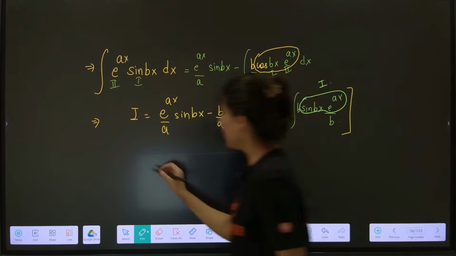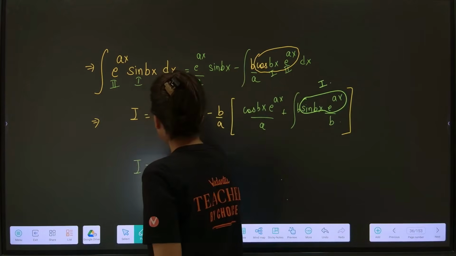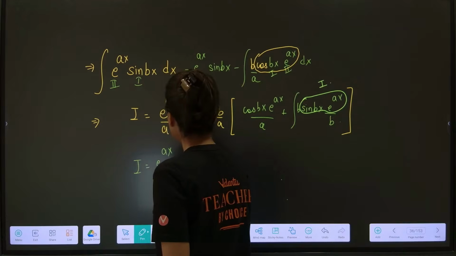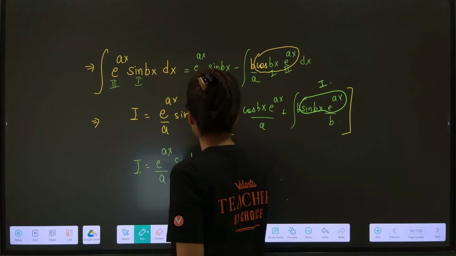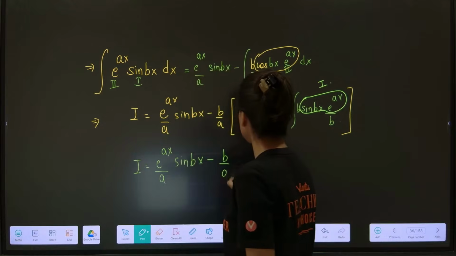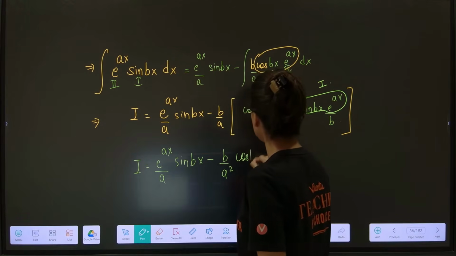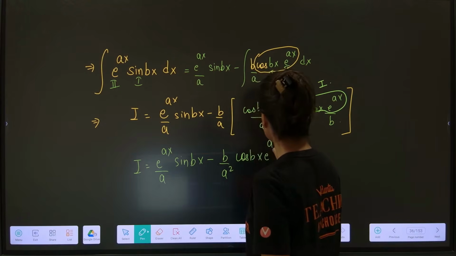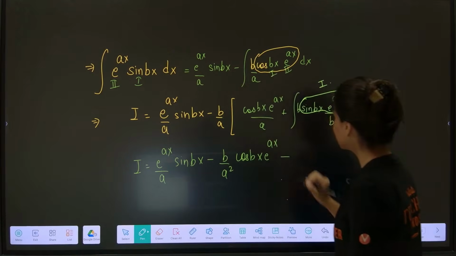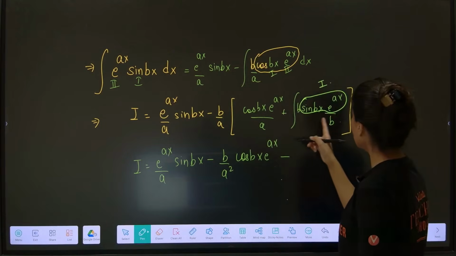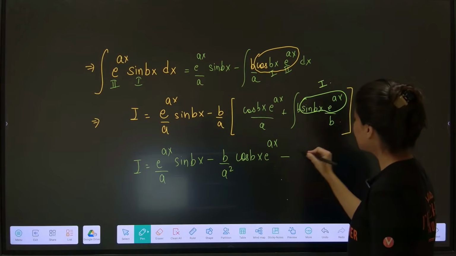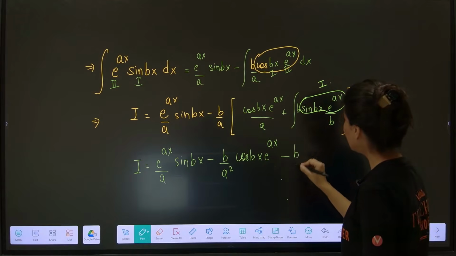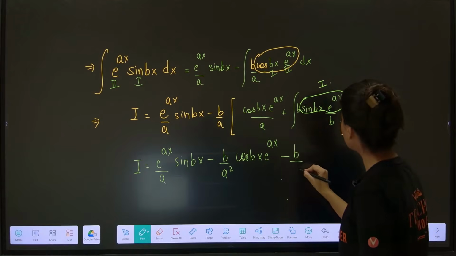Okay. So I is equals to what? e power ax upon a sin bx minus b upon a square cos bx e power ax. Minus minus, minus plus minus, and you know what, this b cancels, so just b upon a.